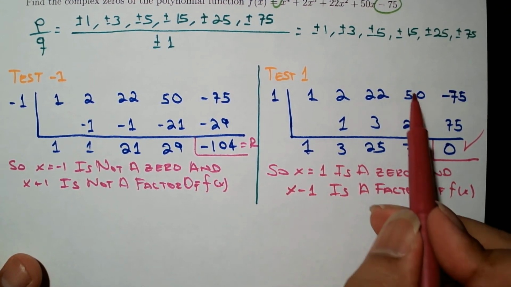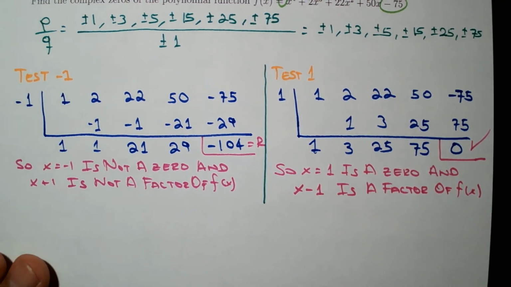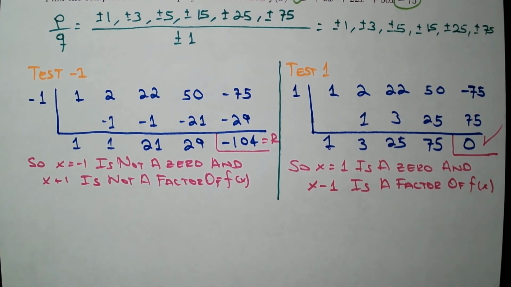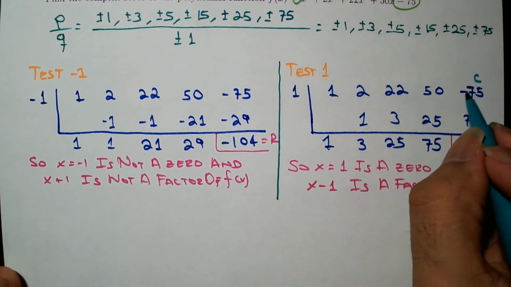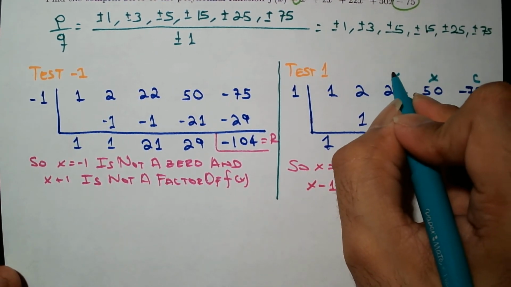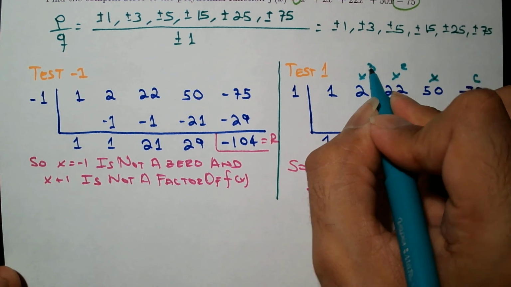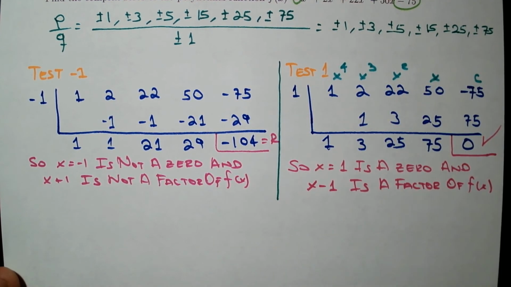Now, I'm going to use all this information to show you all about the depressed polynomial. So keep something in mind here. One thing to keep in mind is this was the constant term, linear, quadratic, cubic, quartic.